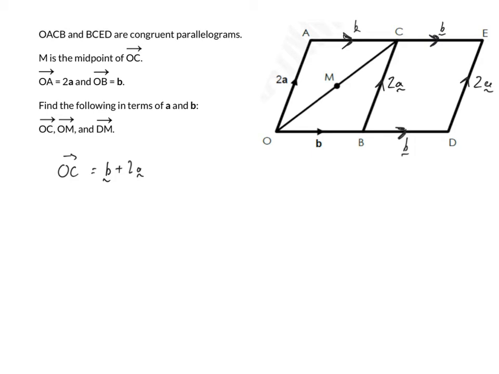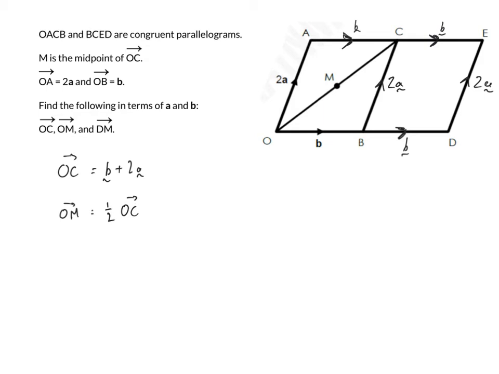Now, if I wanted to figure out OM, again, this is where all this text comes in useful. M is the midpoint of OC, so this is halfway along that line there. So OM is half of the vector OC.